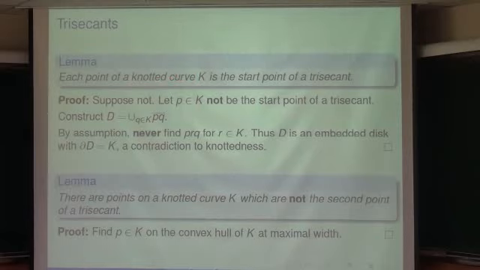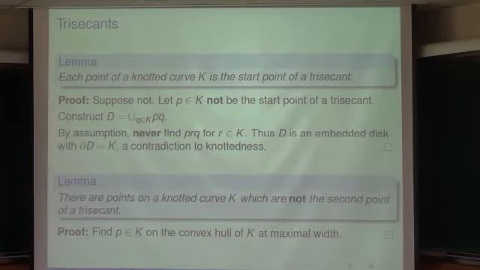So suppose this is false. Let's pick a point which is not the start point. If this is false, there is a point which is not the start point of a trisecant. So a lot of there exists and for alls and negations there.